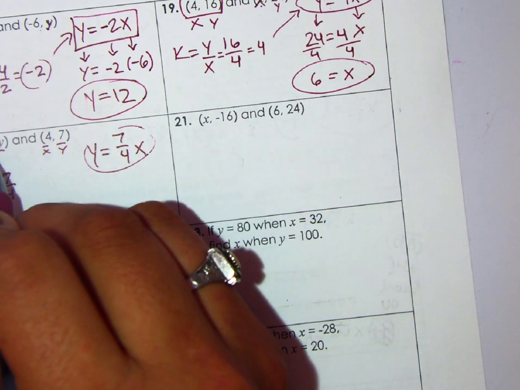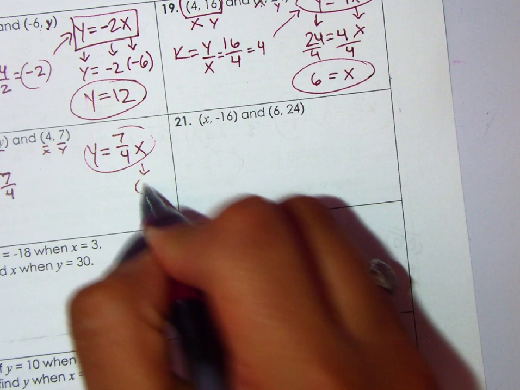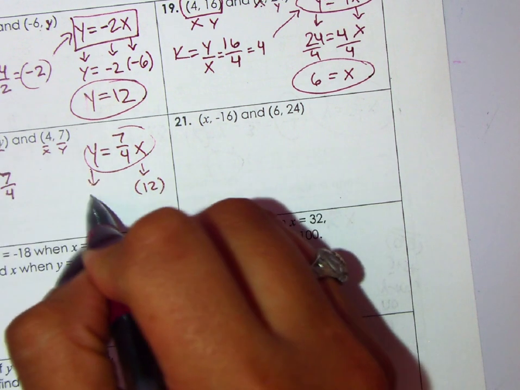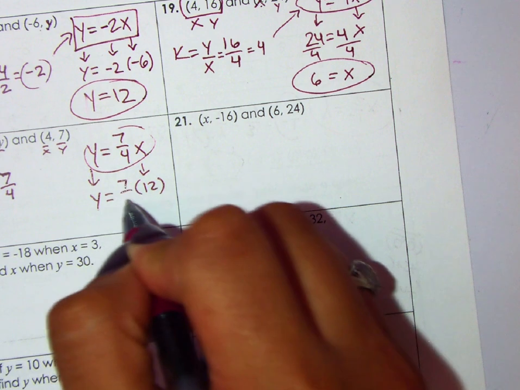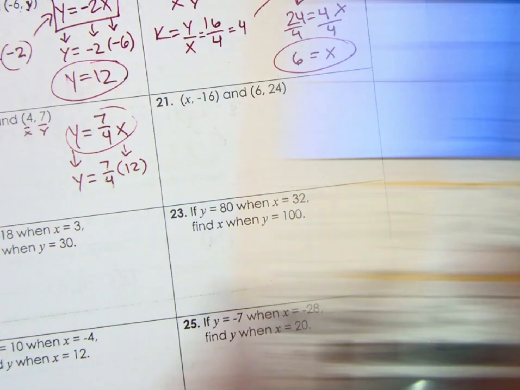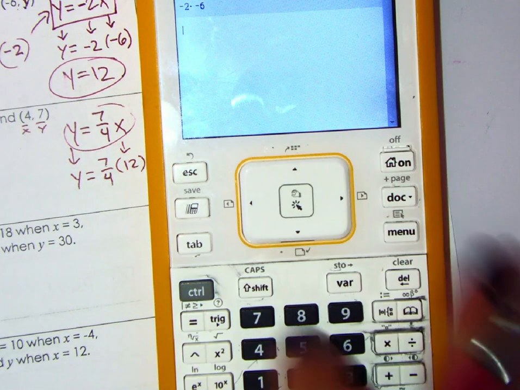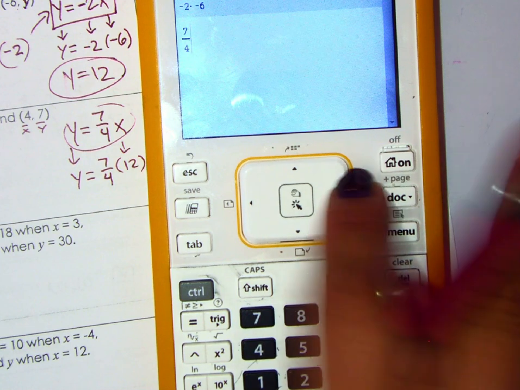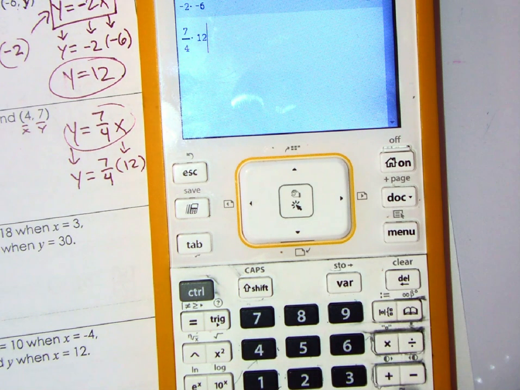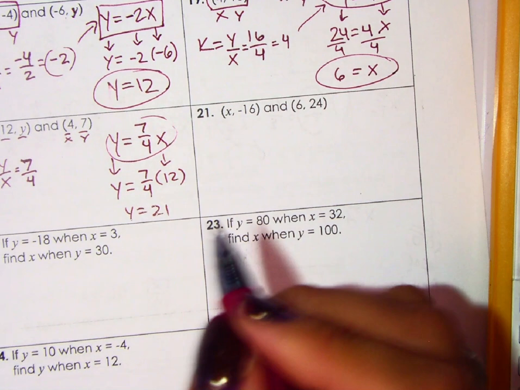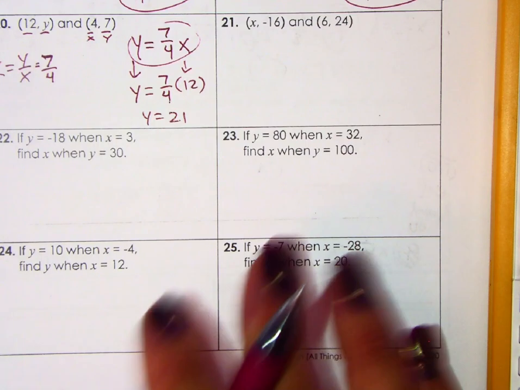Here we're saying that x is 12 and the y we don't know. So now this is saying 7/4 times 12. That's 21. So y equals 21.